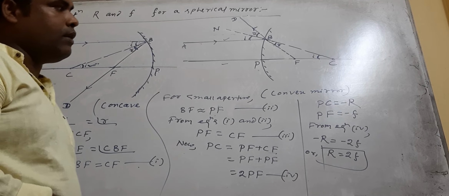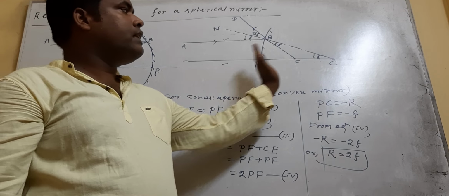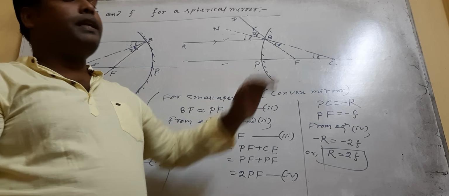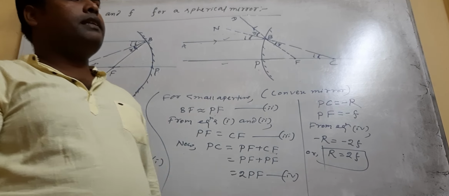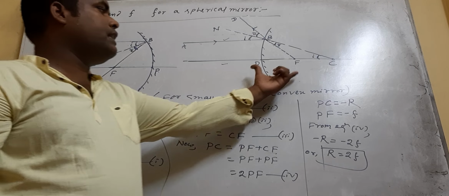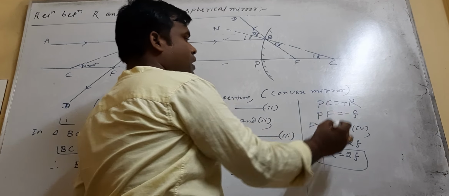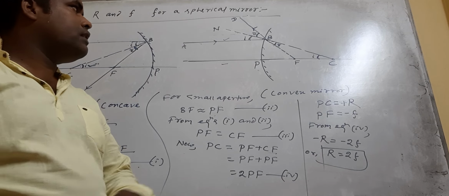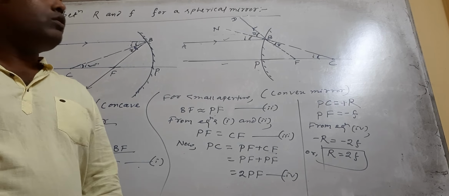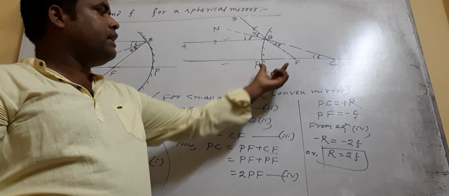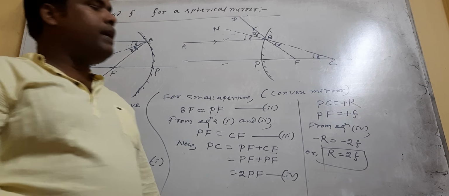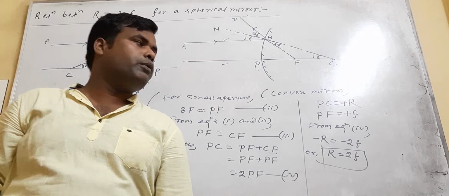Now you use the convention. It is a right measurement because the center of curvature is to the right of the mirror, so the measurements are positive. So here PC is plus R. And what is PF? Here focus is to the right of the mirror, so the focal length PF is positive. So remember, for a convex mirror the focal length is positive.